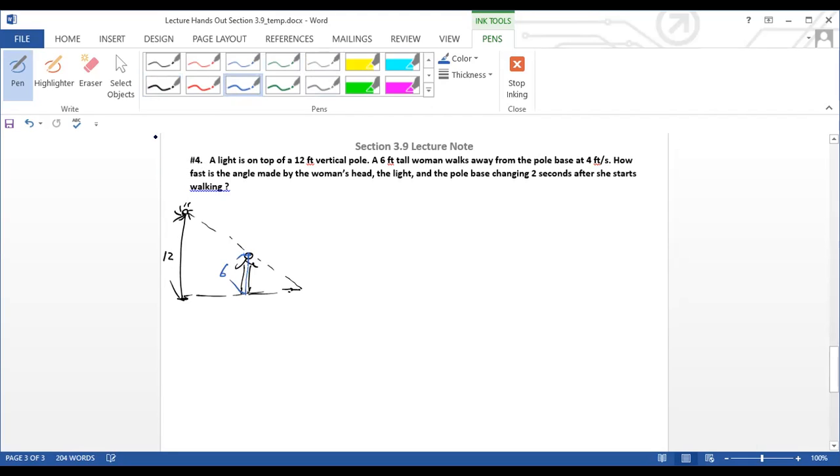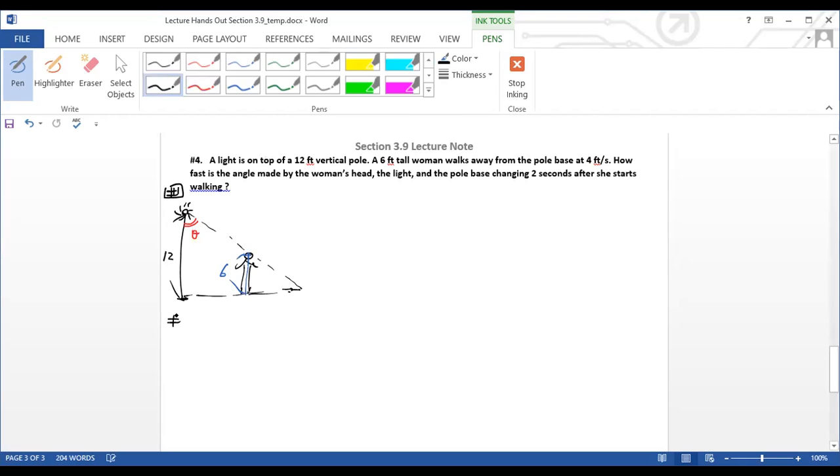What we are looking for are these angles. When the lady walks, how fast is this angle going to change? I guess that's all the information we have. We draw the picture, so this is our number 1 step here.